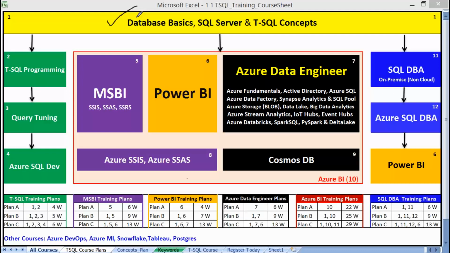From box 1, you will decide whether to go for box 2, programming, or BI, or data engineer. Sometimes we usually get these kinds of questions from starters: which one is preferred? Our preference is 6 to start with.